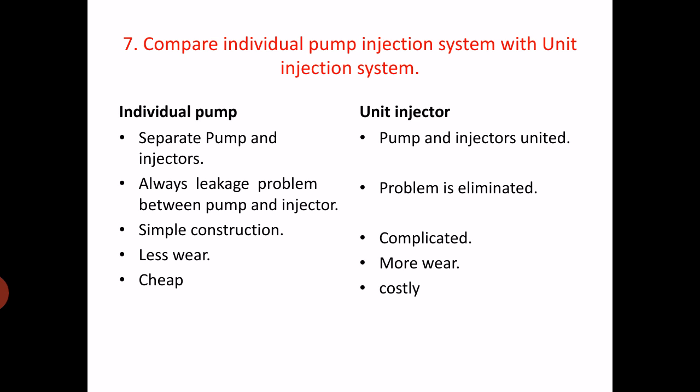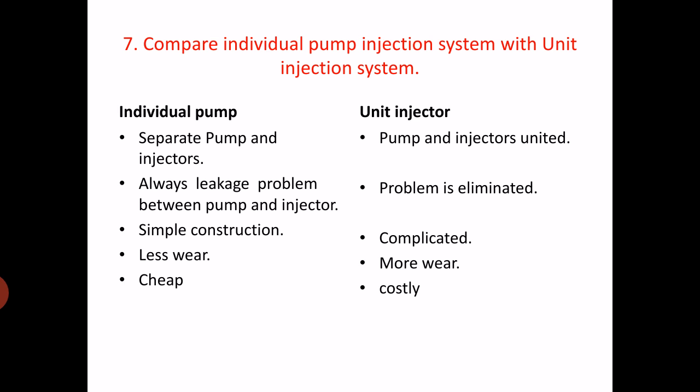Question number 7, compare individual pump injection system with unit injection. We know the difference between individual pump and unit injector systems. The individual pump has a separate pump and injector. The unit injector has pump and injector united to form a single unit.